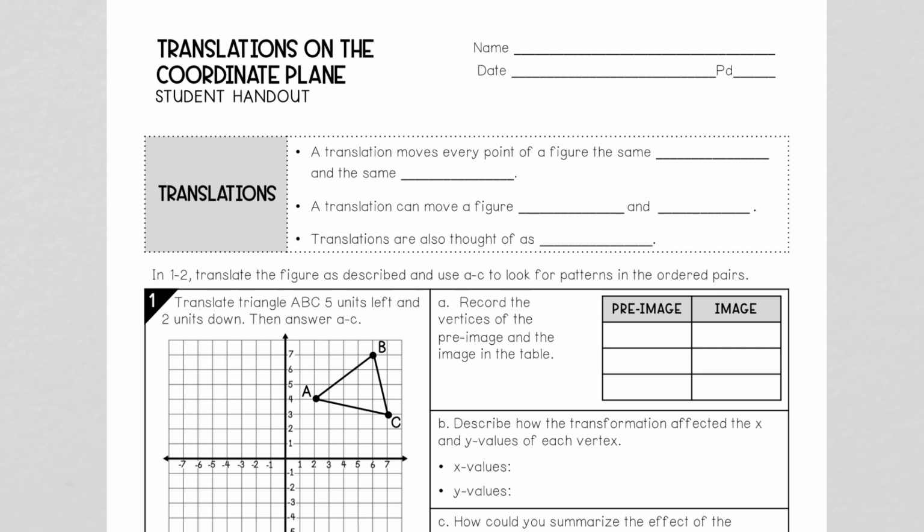First of all, a translation moves every point of a figure the same direction and the same distance.